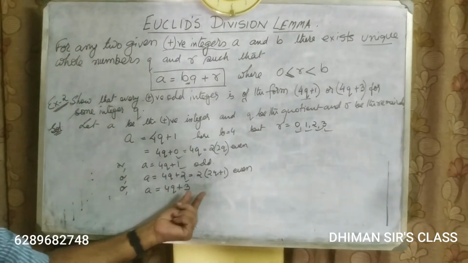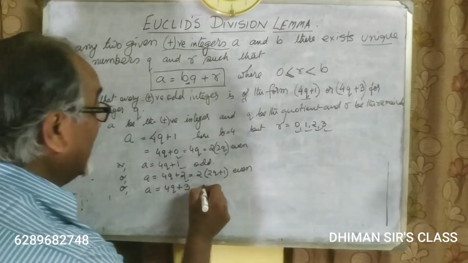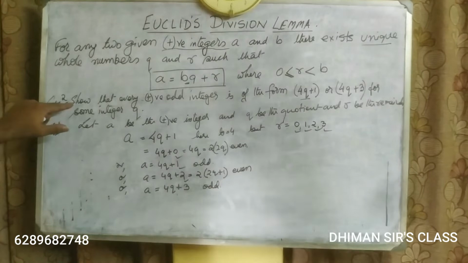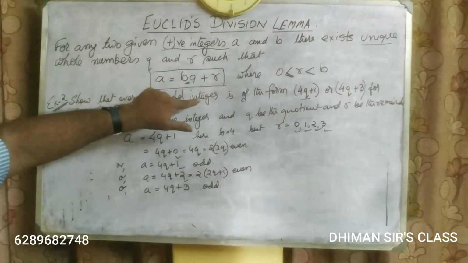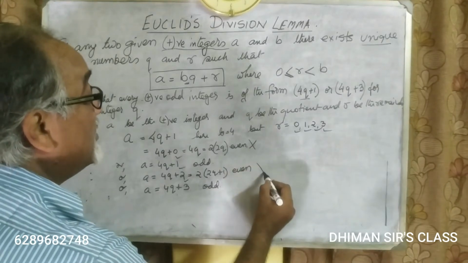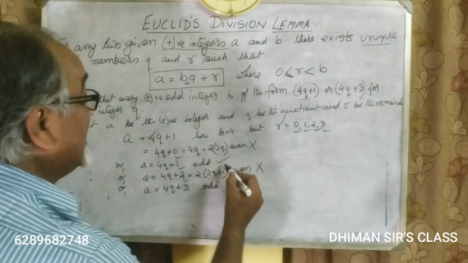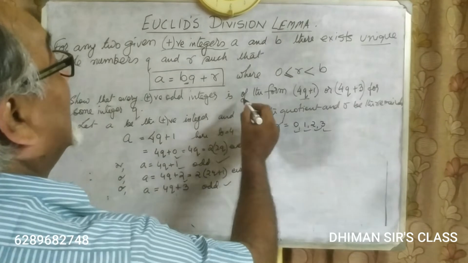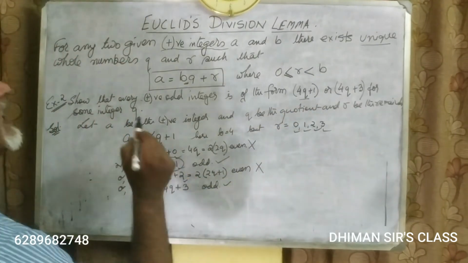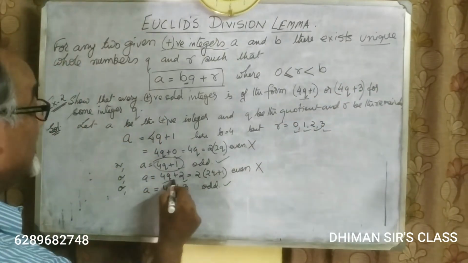Again we can find there is nothing common. So it is again odd, students. So therefore we are asked, show that every positive odd integer is of the form 4q plus 1 or 4q plus 3.